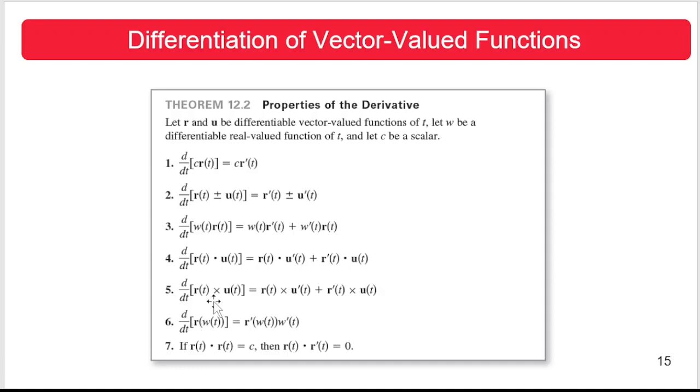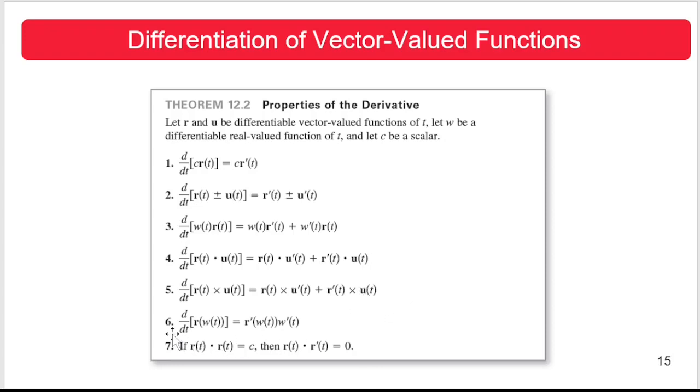Number five, the derivative of the cross product of the vector valued functions r of t and u of t is equal to the cross product of the first vector valued function r of t and the derivative of the second vector valued function u of t, plus the derivative of r of t crossed with the vector valued function u of t.